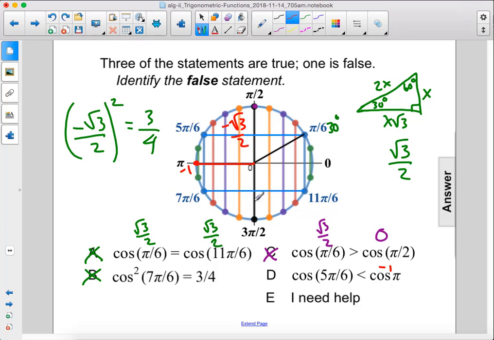So negative 1. So this value here, which is this line right there, while the line itself is shorter than this line, this one's just more negative. So this is like negative 0.8 something, and this one is negative 1. Therefore, this is a larger number than this number. So the answer here is D.